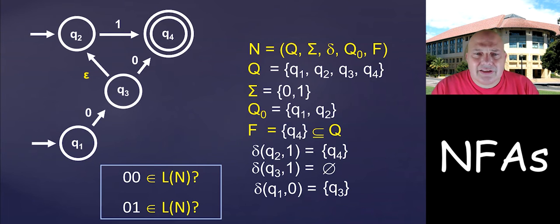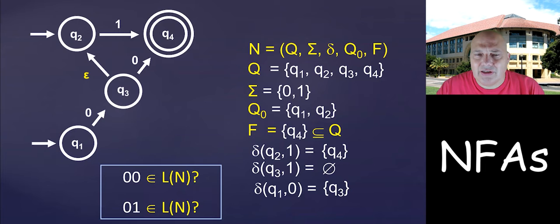So now we can ask, is 0, 0 in L(N)? Think about it. Well, 0, 0 is easily in L(N) because you can start in Q1, walk on 0 to Q3, and walk on 0 to Q4. How about 0, 1?